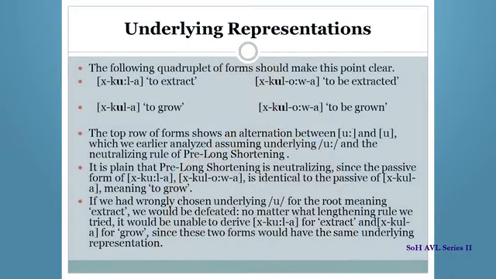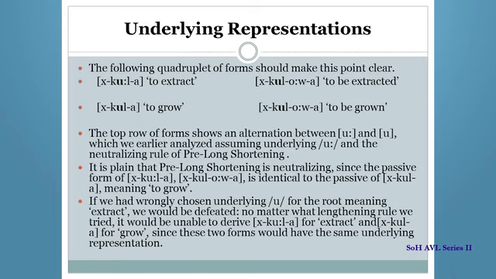The following quadruplet of forms should make the point clear. Just try to understand them with attention. The top row of forms shows us an alternation between long and short u, which we earlier analyzed, assuming underlying long u and the neutralizing rule pre-long shortening.